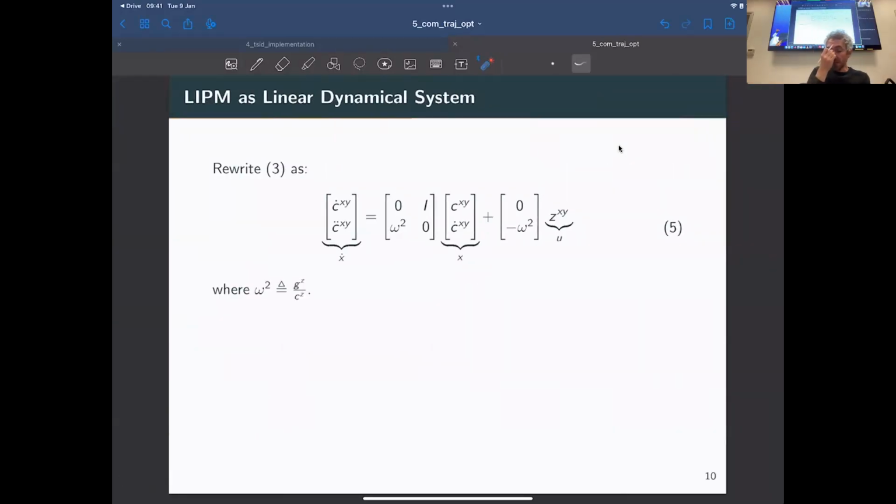Okay, and we can write those linear dynamical equations in the classic linear dynamical system format, where we introduce the variable x representing the state, which contains both the position and the velocity of the center of mass. Your control input is the center of pressure, and you get this linear dynamical system.